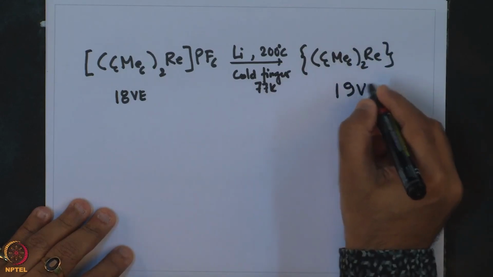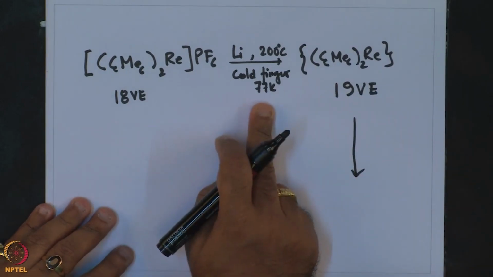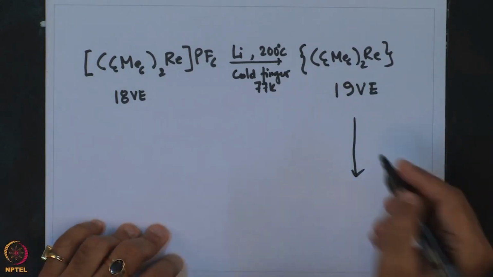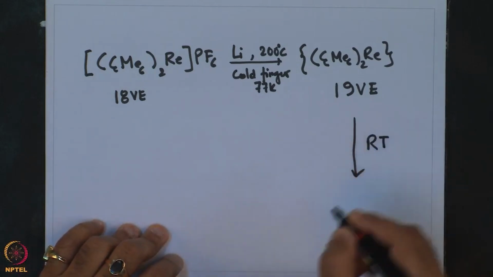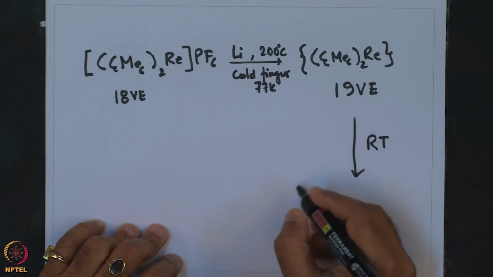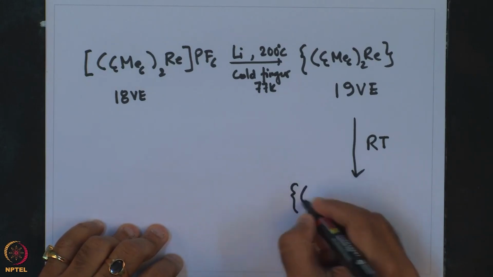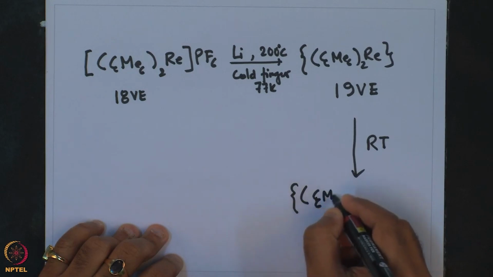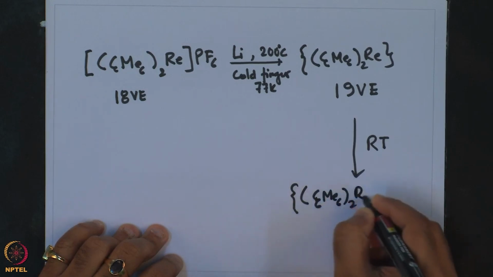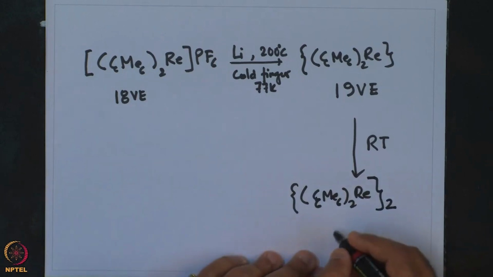Now, this is a 19 valence electron compound which is isolated at very low temperature of 77 Kelvin, and then at room temperature it decomposes to give this dimer, [(C6Me6)2Re]2, which again is an 18 valence electron compound.